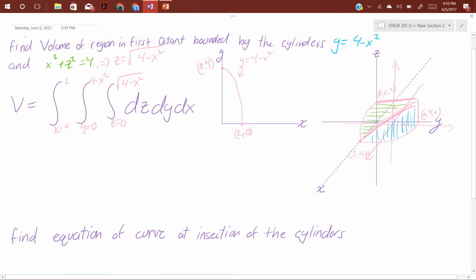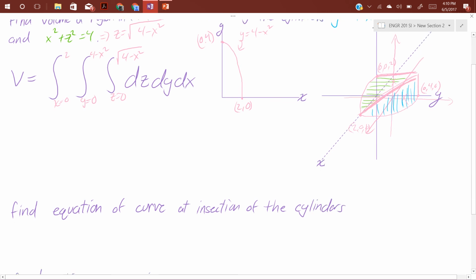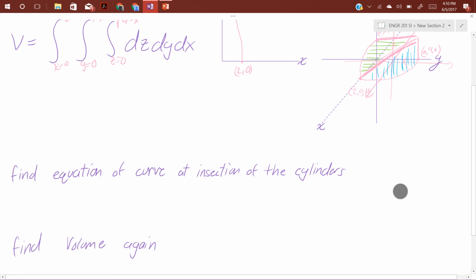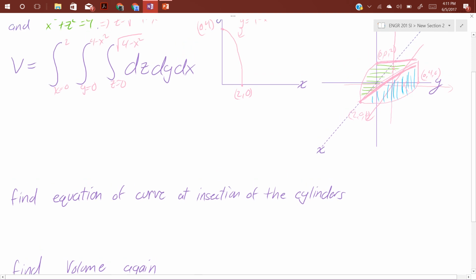You can see we have to find the equation for that boundary. In order to find it, we just have to look at in what direction we see both planes.